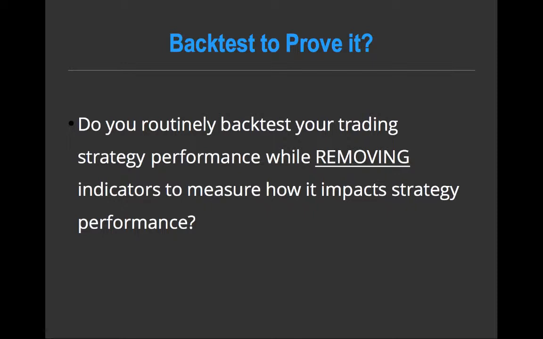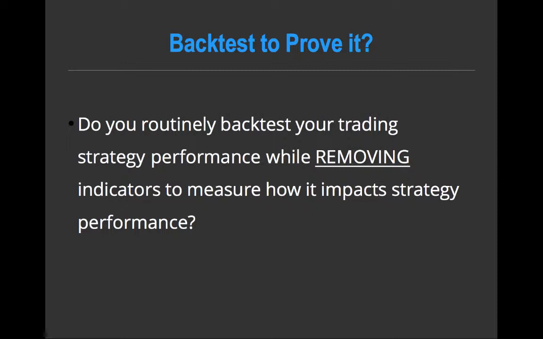Many people are familiar with backtesting and the backtested results of your strategy, not as a promise of future performance, but just as a way to validate that your trading strategy has the potential to be profitable. But what if you redid the backtest of your strategy, and each time you performed the backtest, you removed one of the indicators that you were using?